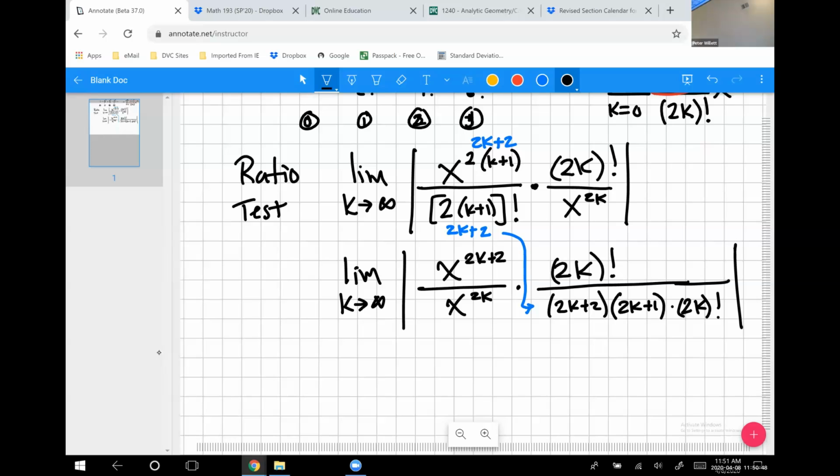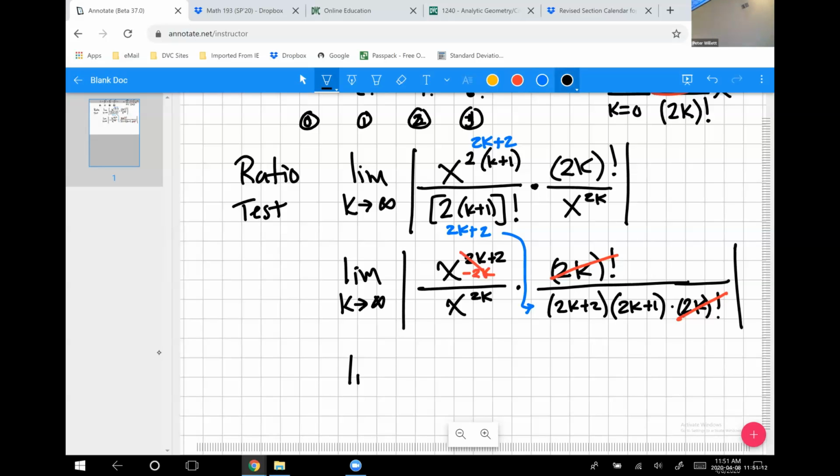So how is this going to simplify? This 2k factorial is going to cancel with that. And if I take x to the 2k plus 2 and divide it by x to the 2k, when you combine exponents, you subtract, so this would be minus 2k. So those would cancel.